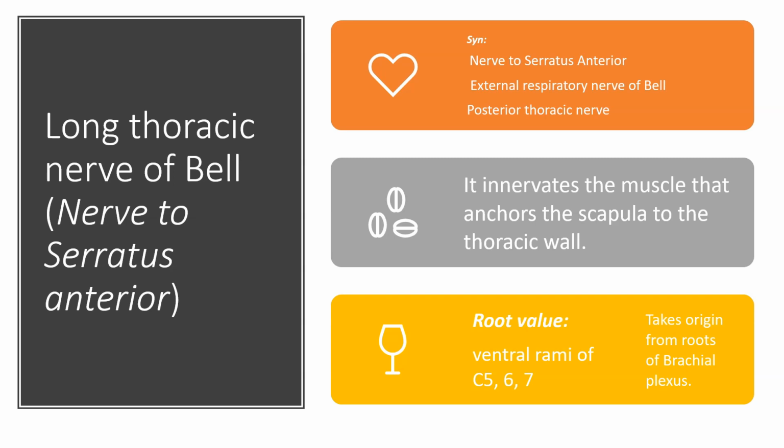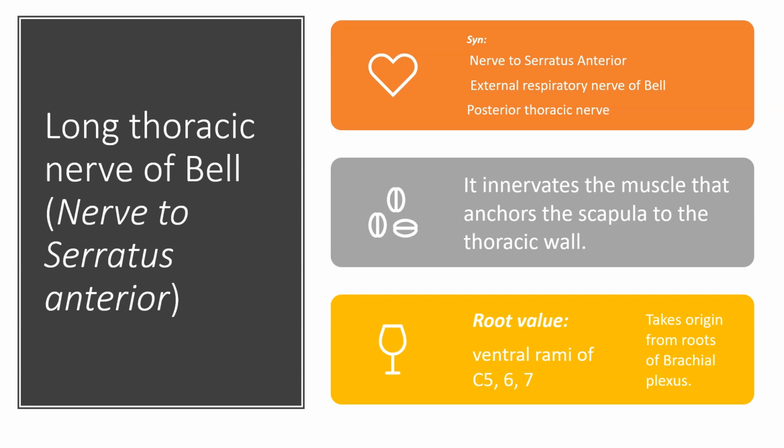The long thoracic nerve is also known as the long thoracic nerve of Bell. It's also known as the nerve to serratus anterior. The other names for it are the external respiratory nerve of Bell, because serratus anterior muscle is taking part in respiration, and the other name for it is the posterior thoracic nerve.